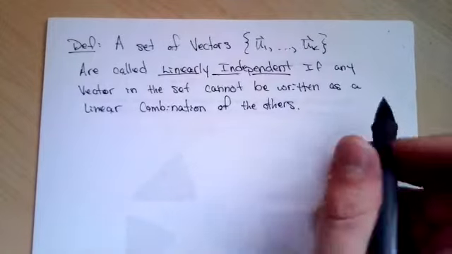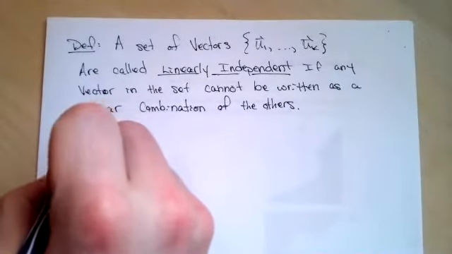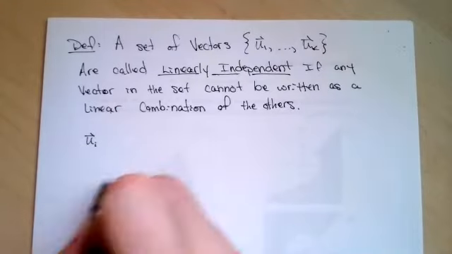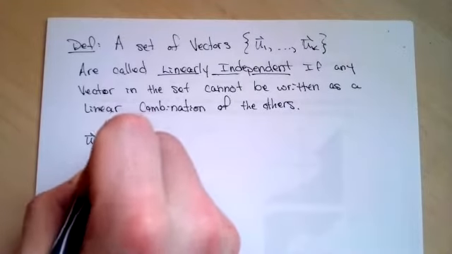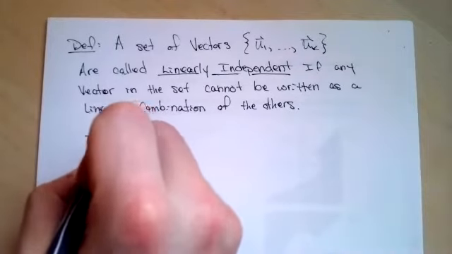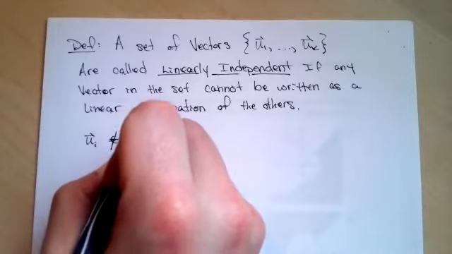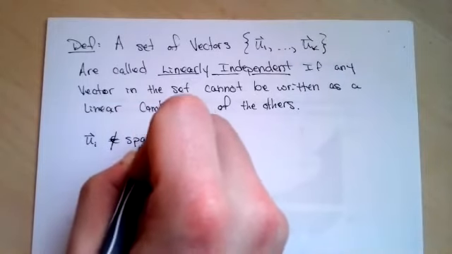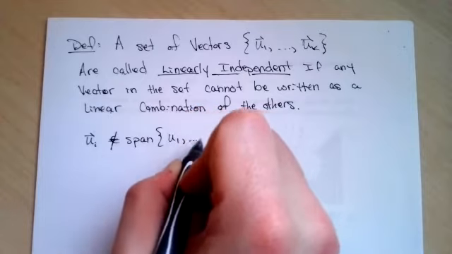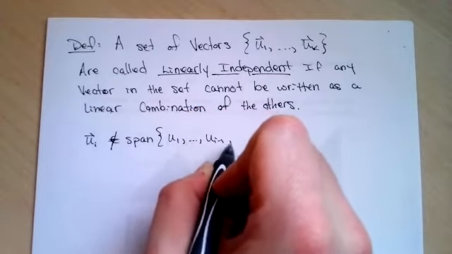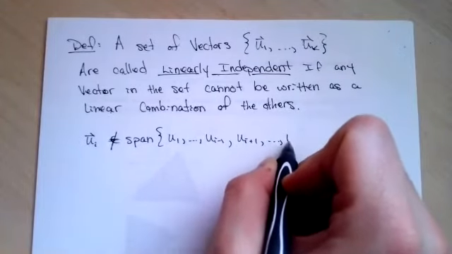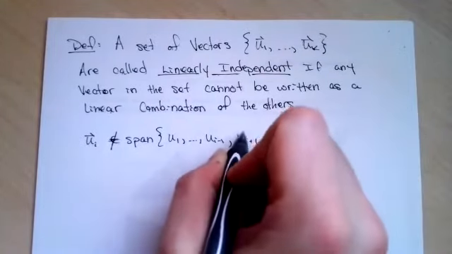This is the idea. In other words, if I pick out one of these vectors, u sub i, it's saying that u sub i is not going to be in the span, let's actually write it as not in the span, of all the other ones. So u1 up to ui minus 1, ui plus 1, up to uk.